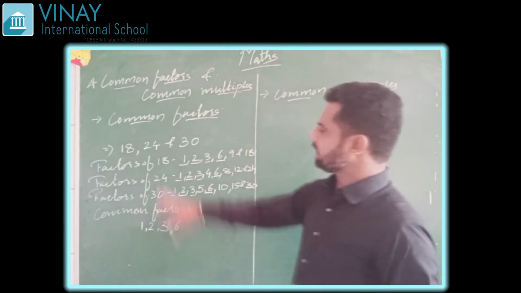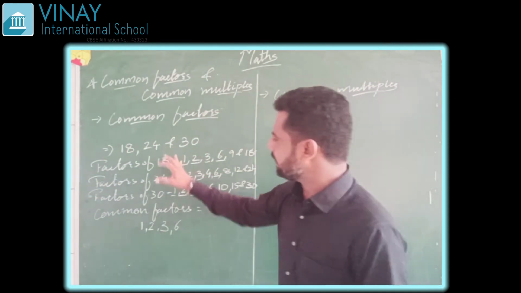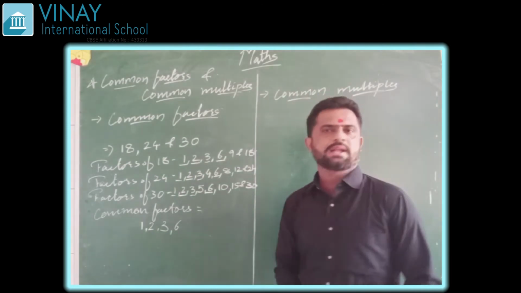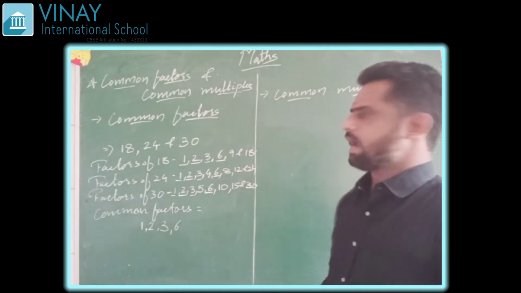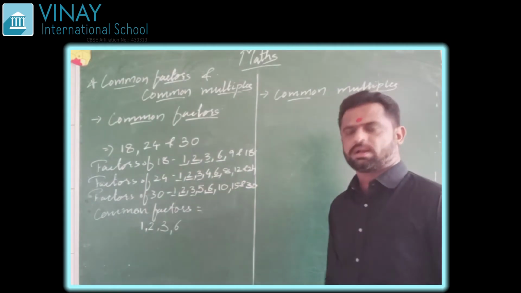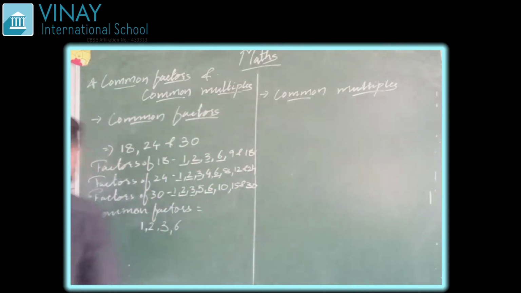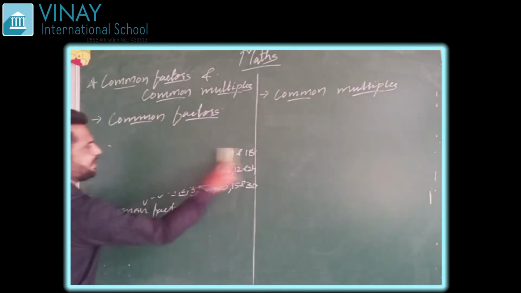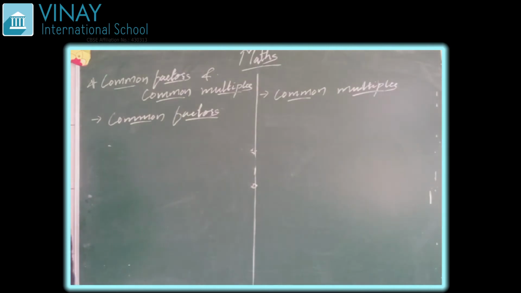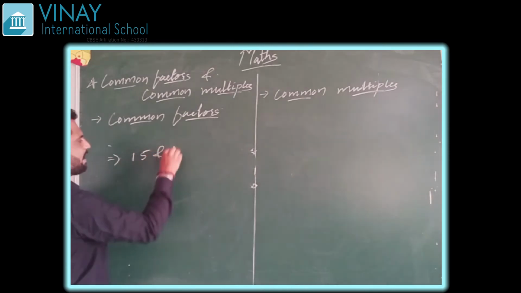Here we will find that if we find the common factors of any two numbers, 1 is always common, and two numbers which have only 1 as their common factor are known as co-prime numbers. For example, let us find the common factors of 15 and 16.